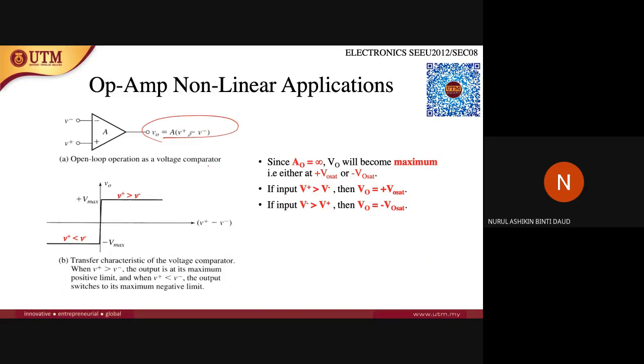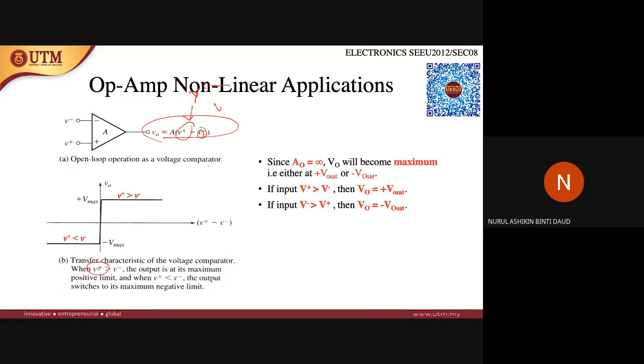For the comparator, V plus will be V in and V minus will be V reference, as I mentioned just now. This is how you plot the transfer characteristic for the comparator: where V plus is bigger than V minus, the output is at the maximum positive limit, and when V plus is lesser than V minus, the output switches to the maximum negative limit.